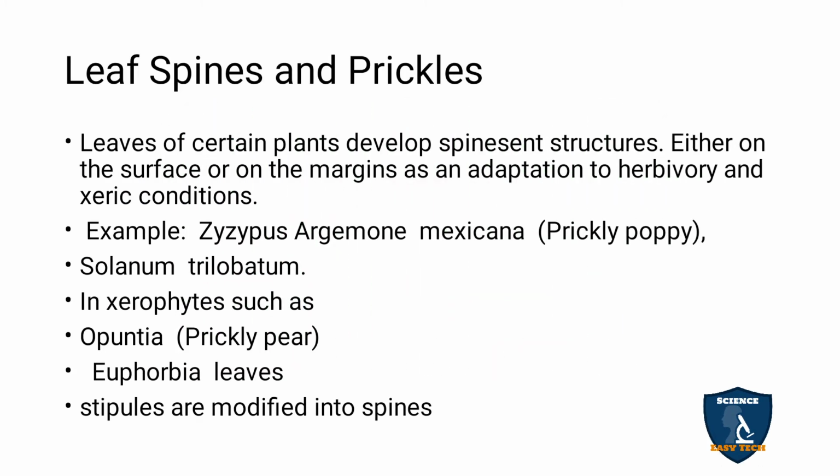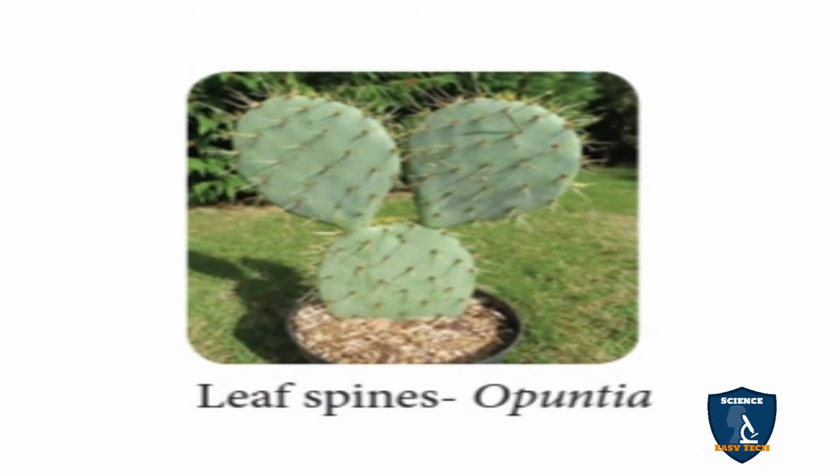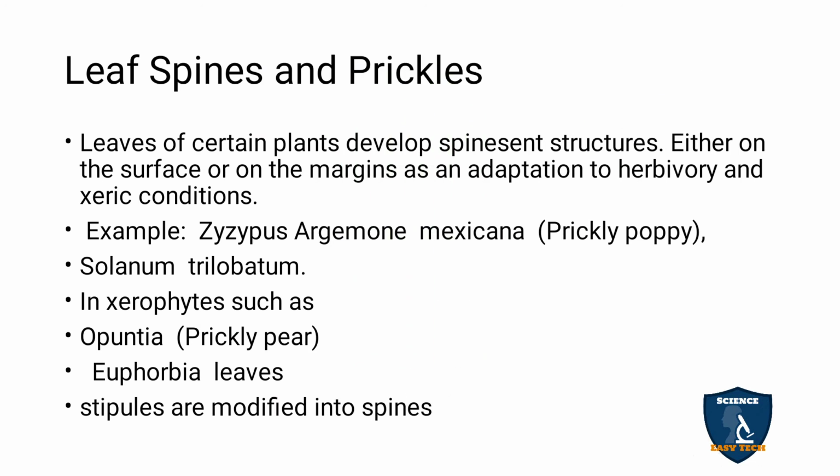Leaf spine or prickles. In xerophytic plants, the stem is modified to perform the function of a leaf, but the leaves are modified into spines and they are seen in the margin of the stem. So that is called leaf spine.